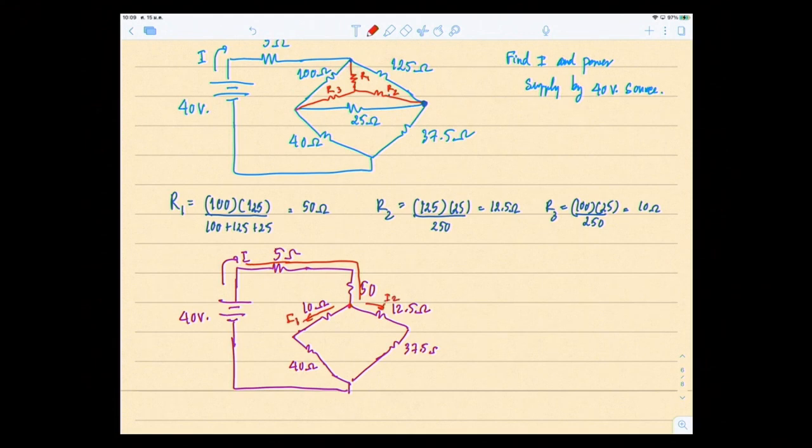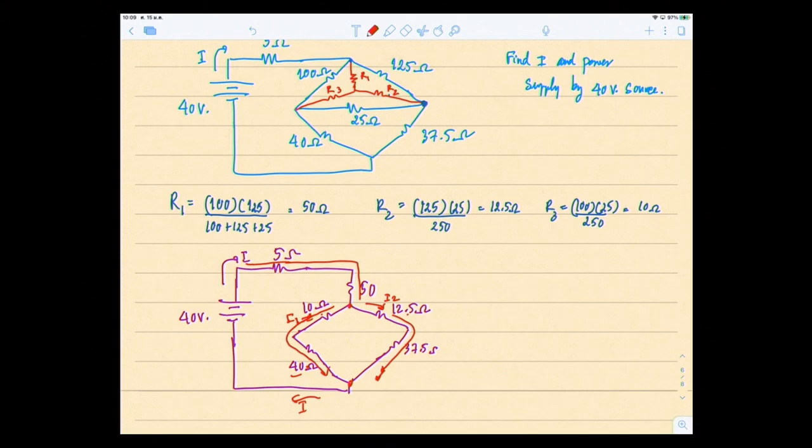I1 goes on to the 40, I2 goes to the 37.5, and they come to this point and go back as I again. Therefore, since the 10 and 40 ohms have the same current passing through them, these two are in series, so 40 plus 10 is 50. And I2 passes through 12.5 and 37.5, which becomes 50 ohms.